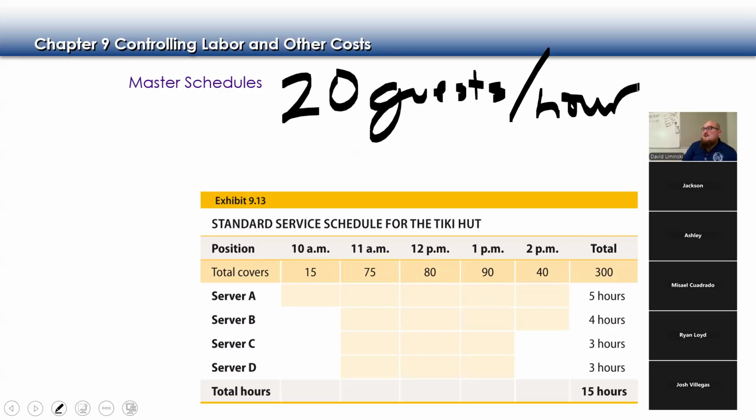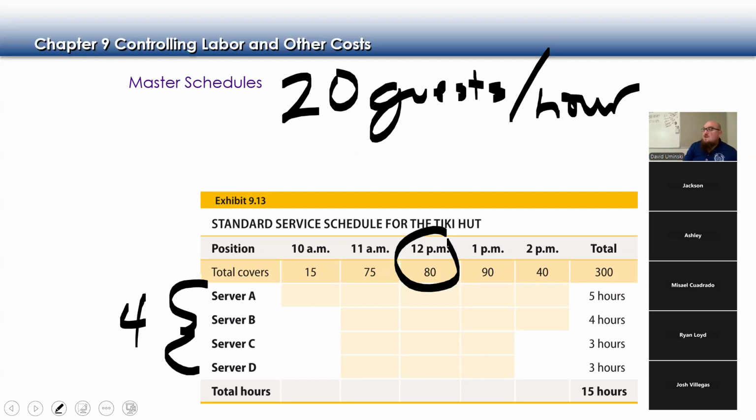And how do I know that? How many servers do we have? We have 4 servers, and at 12 o'clock, we're at 80 guests. So that means my server should be able to handle 20 guests per hour.